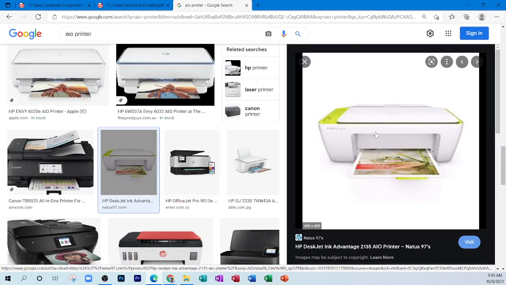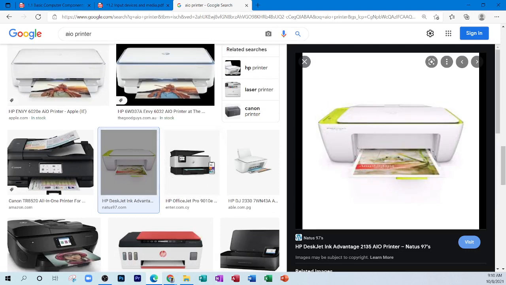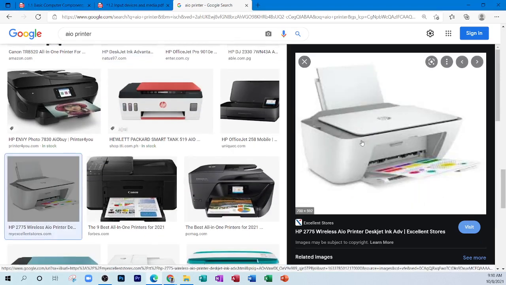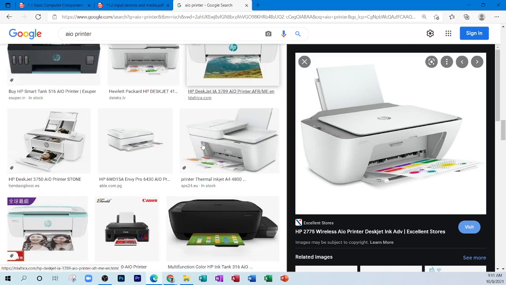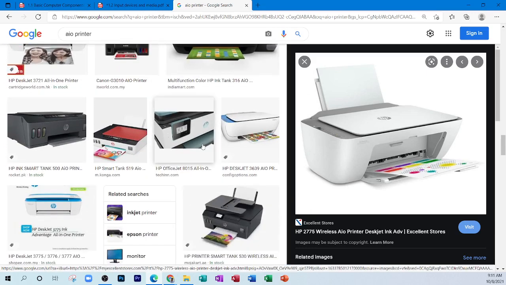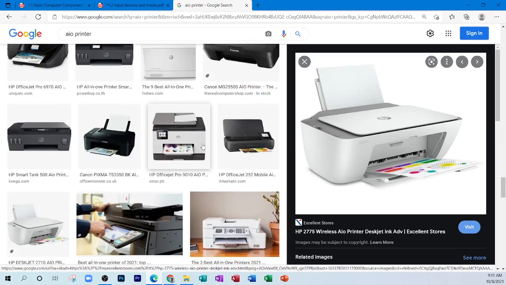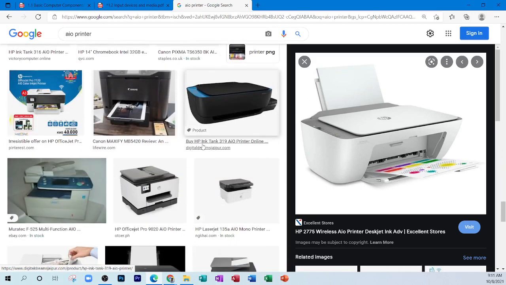I have the exact same one. It might not be exactly the same, but it usually has the same layout. The top here would have a flat, glass-looking surface. I'm trying to see if I can get one with it open.